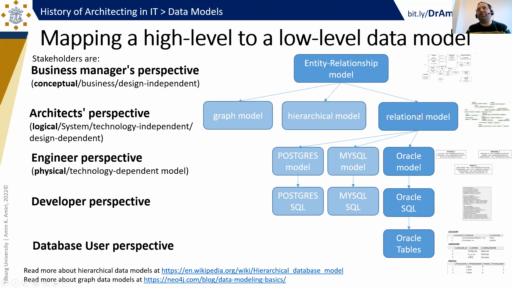But for the example of that cell in the Zachman framework, I taught you the relational model. Then I turned that relational model into an Oracle model, not MySQL, Postgres, or Access. And then I wrote down the Oracle SQL. And then from the user's perspective, you would see the tables, which are the Oracle tables.